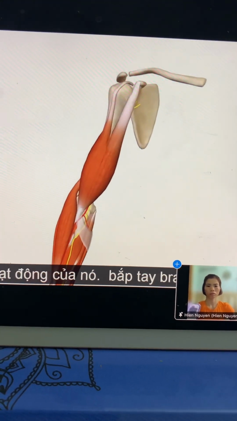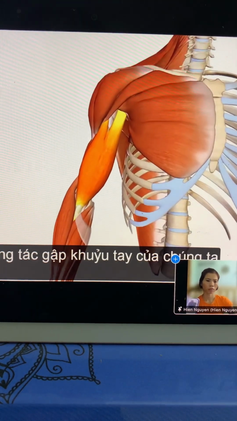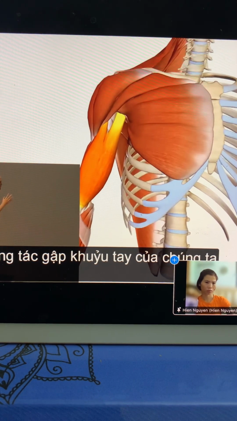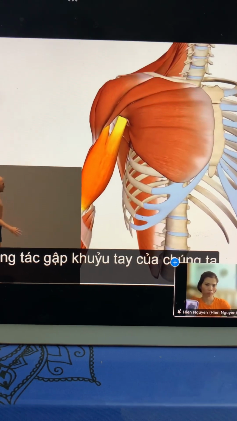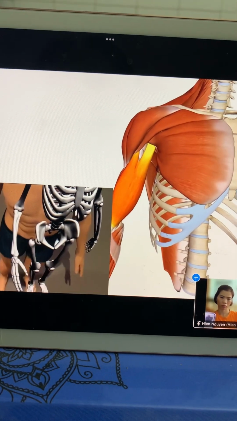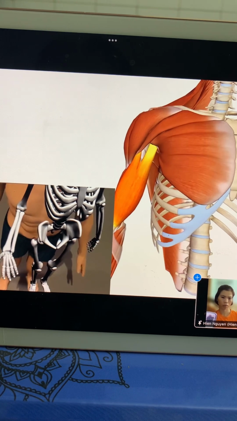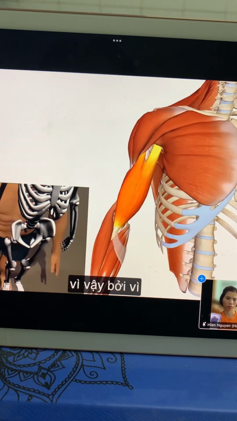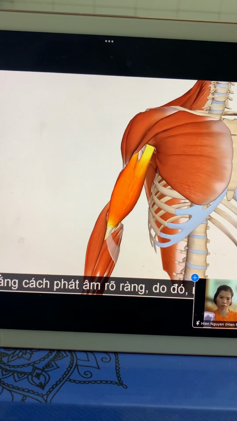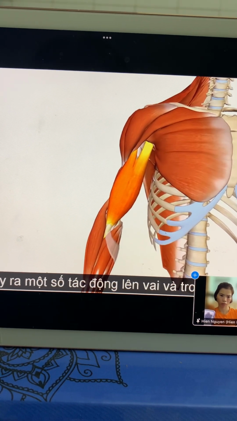In terms of its action, the biceps brachii performs flexion of our elbow, and it's also a very powerful supinator of the forearm. So because the biceps crosses the elbow and the shoulder, and it's biarticular, it should therefore exert some effect on the shoulder.